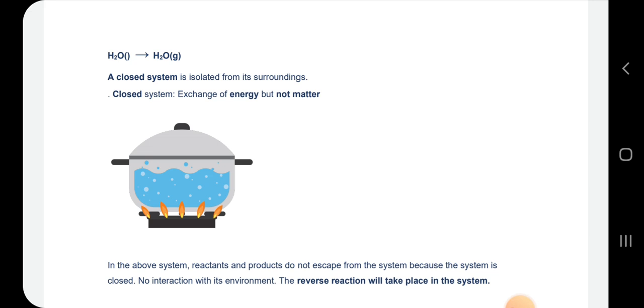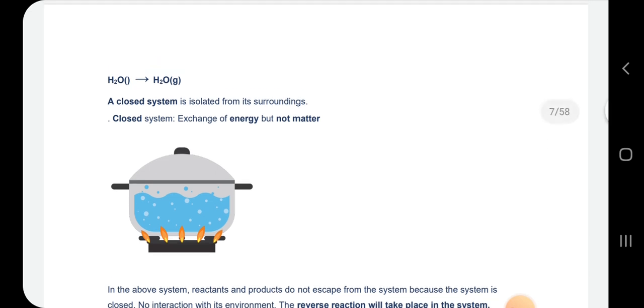We react two things, maybe it's 2SO2 plus O2, and they will give us 2SO3. So that's what you have to know. Let's take H2O there on the top. We have H2O as a reactant, right? The arrow pointing towards the H2O(g) on your right-hand side is what we call a product.